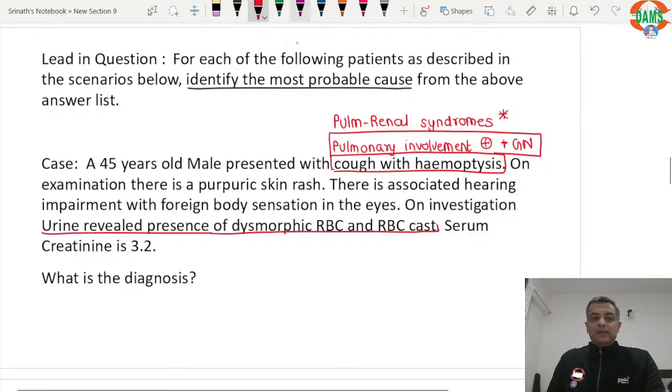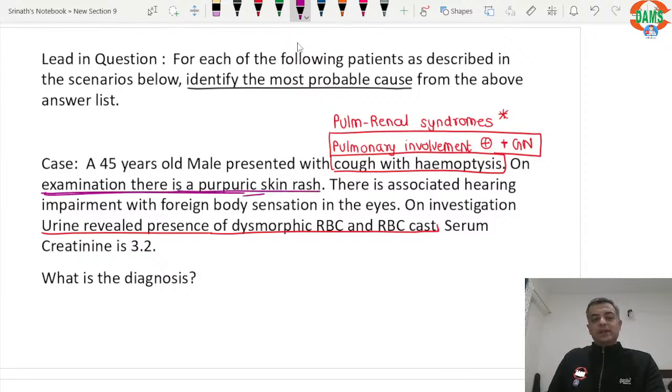But along with that, the patient has a skin rash. Now when skin rash is present along with the pulmonary renal syndrome, it favors the diagnosis of vasculitis. It indicates there is vasculitis.